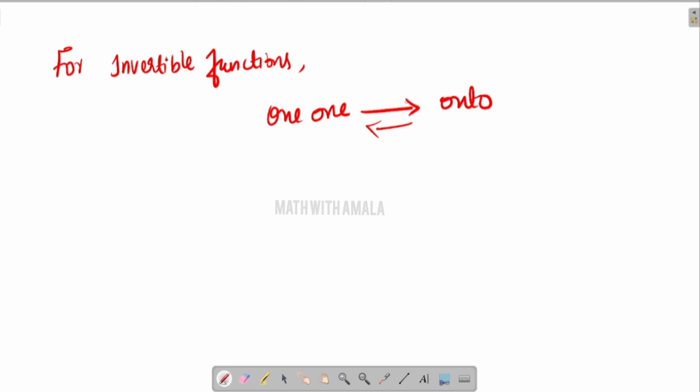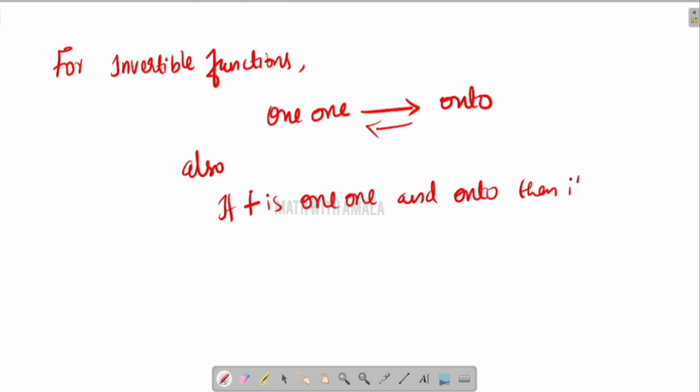So it is a to-and-fro condition, a necessary and sufficient condition. Also, if f is one-one and onto, which means one-one implies ontoness and onto implies one-oneness, then it is invertible. Hence, it is clear that when it is an invertible function, being one-one and onto comes as a necessary and sufficient condition.